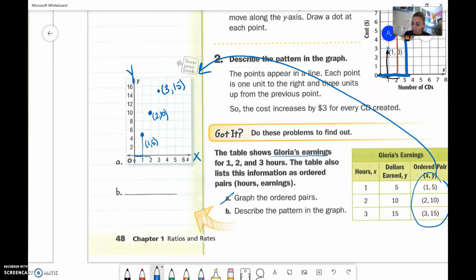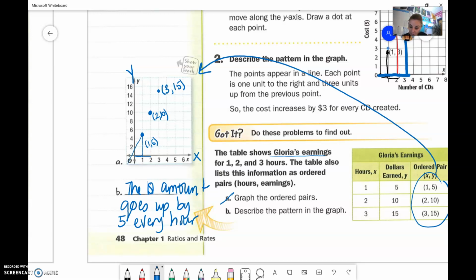Okay, so we did number 1. We graphed the ordered pairs. Now, it says describe the pattern in the graph. What are you seeing? What's happening? We're seeing that the dollar amount goes up by 5 every hour. And what else do we see?